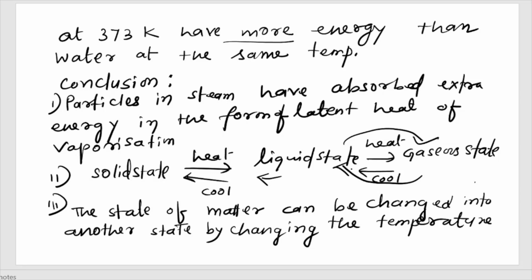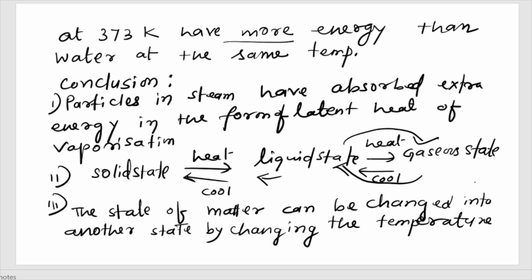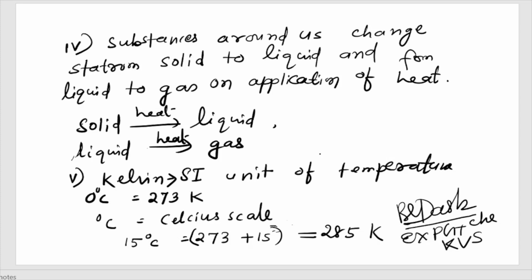The state of matter can be changed to another state by changing the temperature and pressure. So now we will see changing the pressure. States of matter can be changed into another state by changing the temperature.